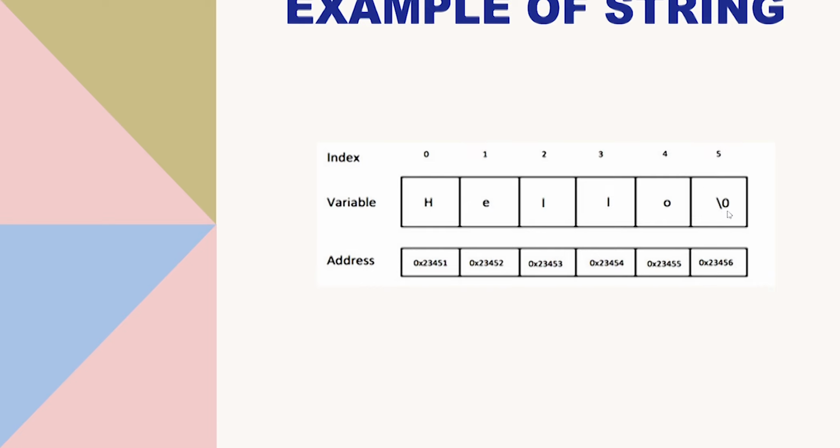As you can see, the null is represented by backslash and 0. Backslash and 0 represents the null character. This is the random address which the computer generates for each of the letters. This is an example of a string.